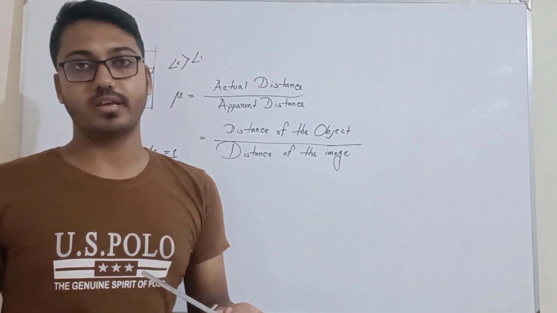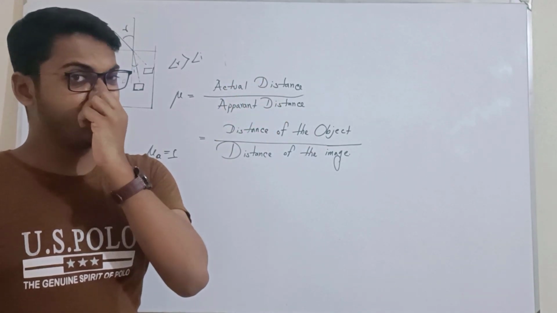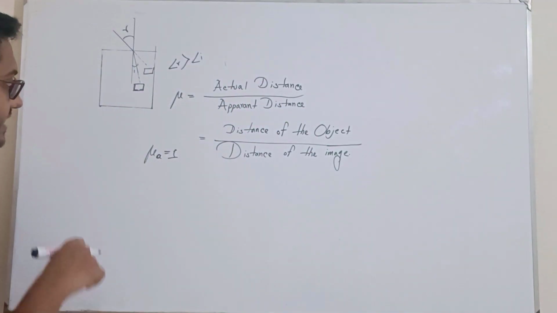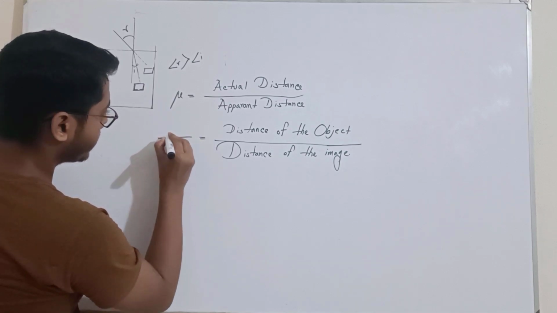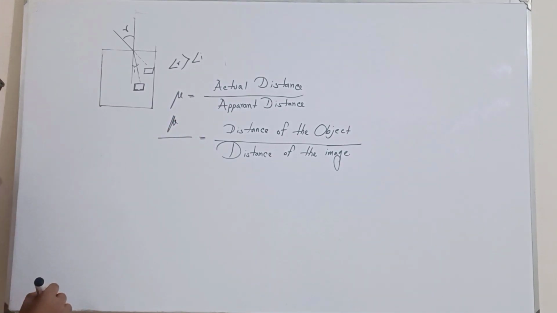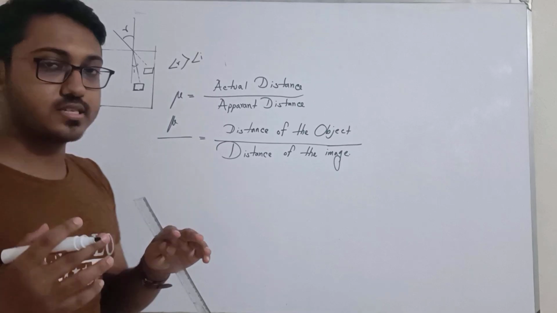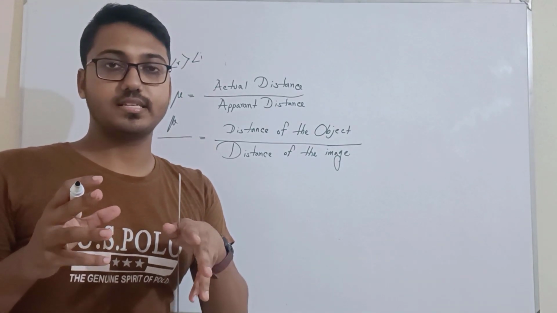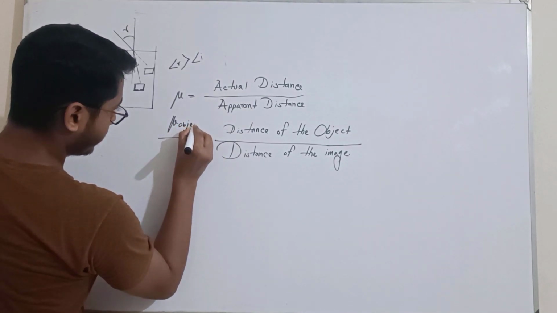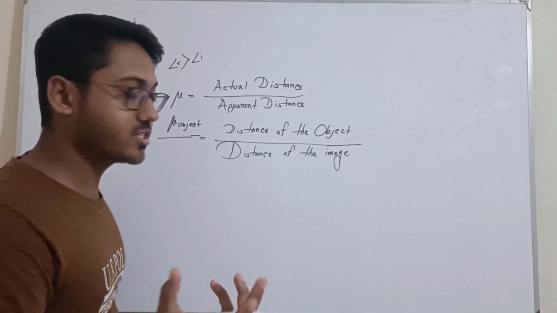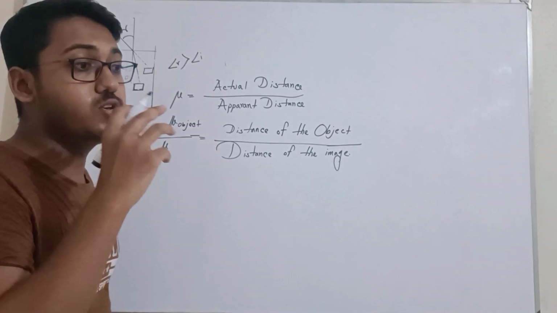But if we have any other medium where this phenomenon takes place, and there is no air medium, in that case the formula would be the refractive index of the medium where the object is present, divided by the refractive index of the medium where the viewer is present.